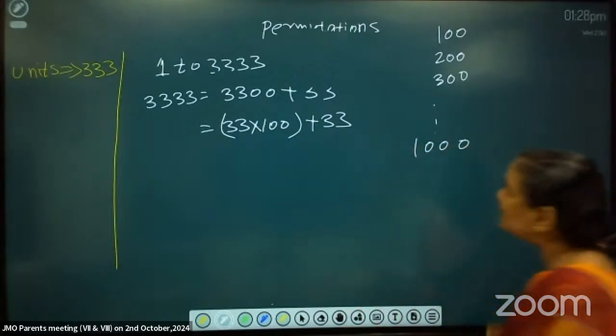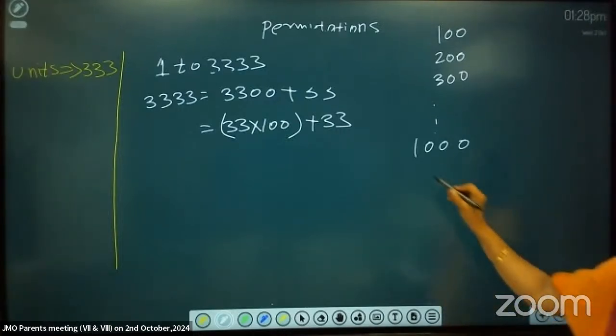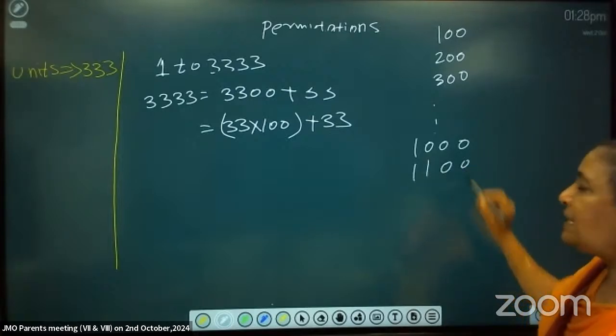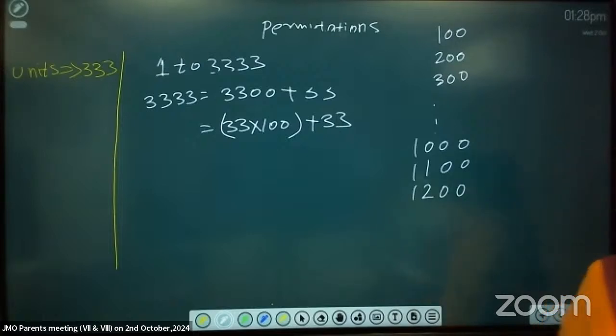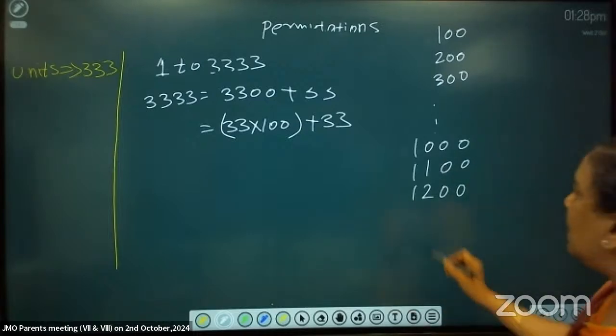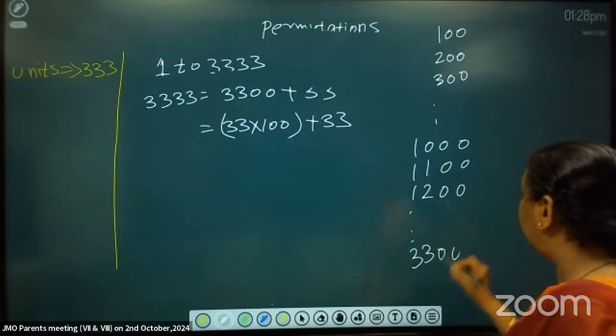Only 1,000 we call 1,000, but instead I can call it 10 hundreds. It's not wrong mathematically. Correct? So like that, I write up to 3,300.